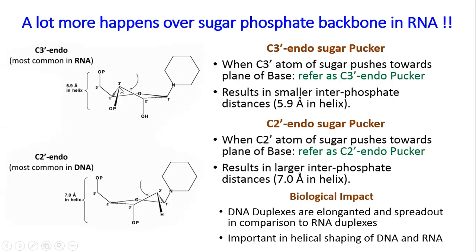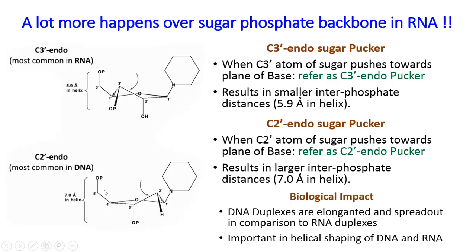It is the 3 prime carbon atom that is pushed towards the plane of the base in case of RNA, and it is the 2 prime carbon atom from your DNA molecule that will be pushed towards the plane of the base. Okay, so in this way there is a difference in interphosphate distance in your RNA and DNA.